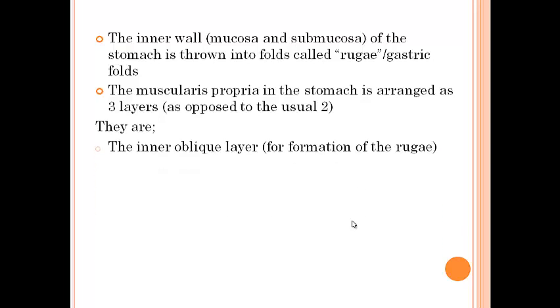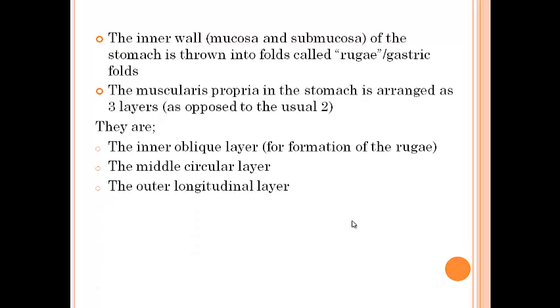And these are an inner oblique layer, and the importance of the oblique layer is that it is important for the formation of the rugae. So the inner oblique layer allows the formation of the folds and allows them to stretch when needed. And then you've got the middle circular layer and you've got the outer longitudinal layer.